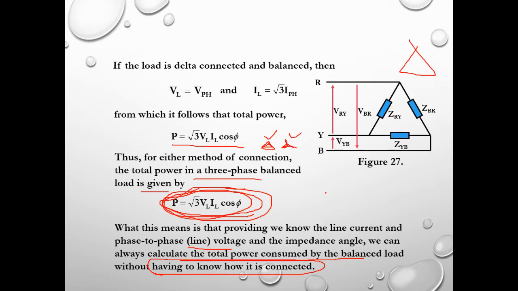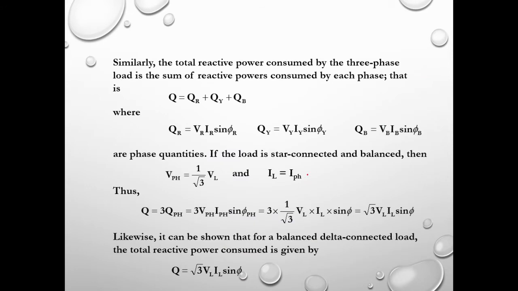Similarly, if you come to Q, the reactive power consumed by the three-phase load, it is the sum of the reactive power consumed by each phase, that is Q equal to QR for the red phase, QY for the yellow phase, and QB for the blue phase, where QR is equal to VR IR sine theta R, QY is equal to VY IY sine theta Y, and QB is equal to VB IB sine theta B. But this is again a phase quantity.